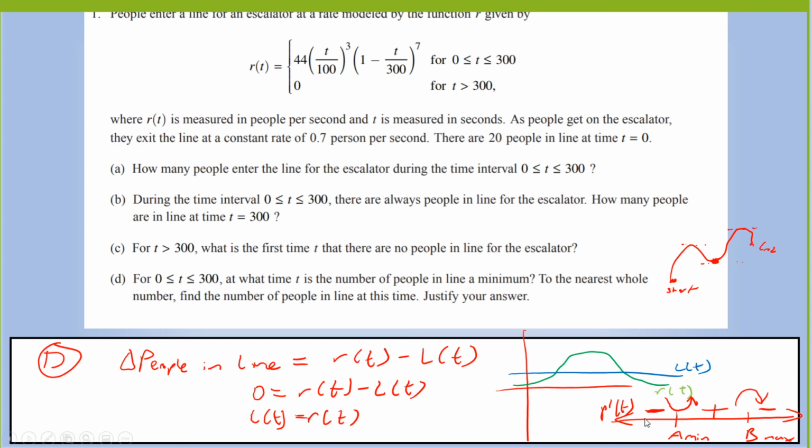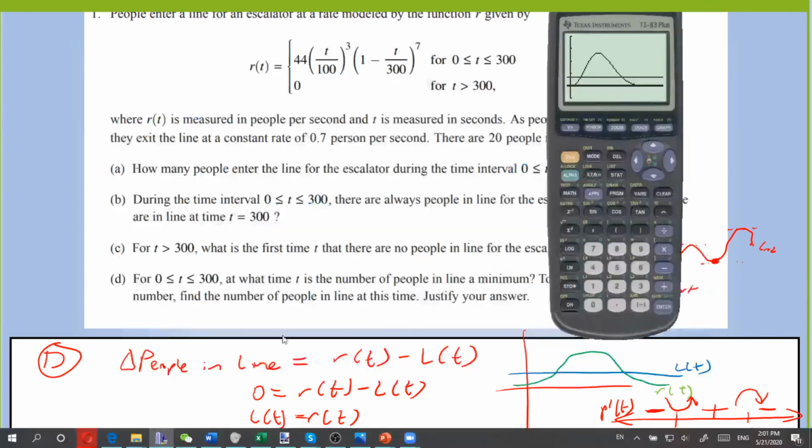Now, because we were decreasing up until that point, actually, I guess I do need to test the endpoint. Well, no, we can just look at areas.